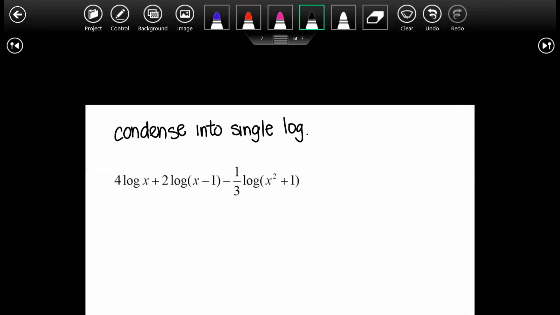First thing that I want to be able to do is put the powers back into the terms. So I think that all of these have powers that we can bring back in. I'm going to leave the 1/3 as a fraction for you guys, because I know you guys are kind of iffy. The power that comes from the n root of x is just x to the 1/n.